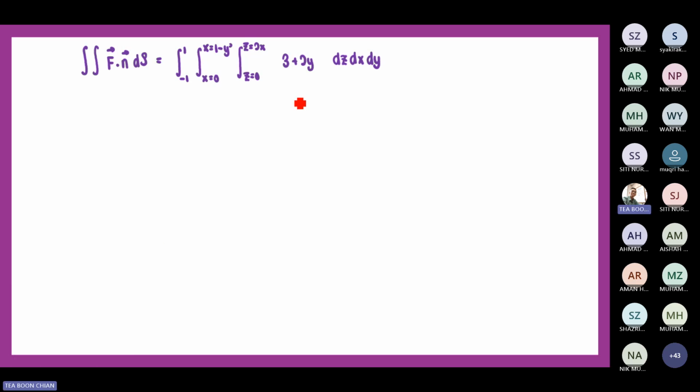Since the first integration is with respect to z, therefore 3 plus 2y is assumed to be like a constant. So I have 3z plus 2yz, and z is substituted with 2x as the upper limit, and 0 as the lower limit.